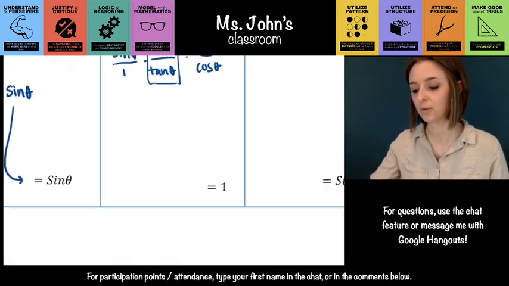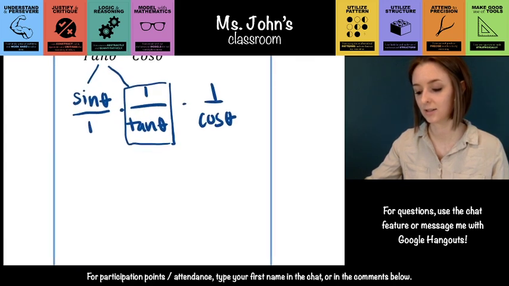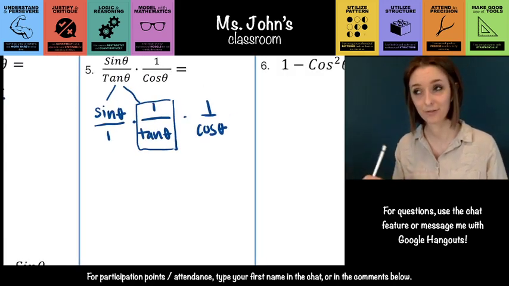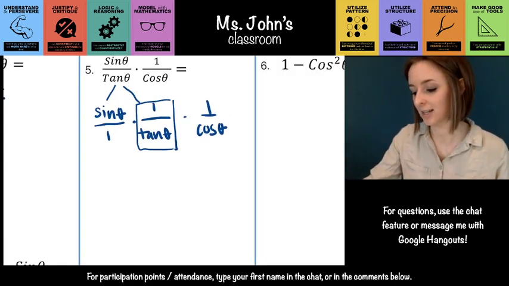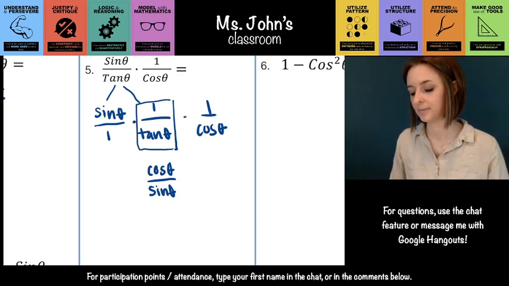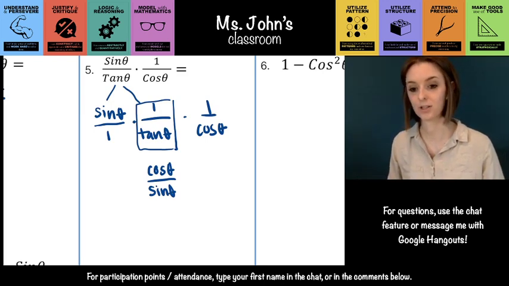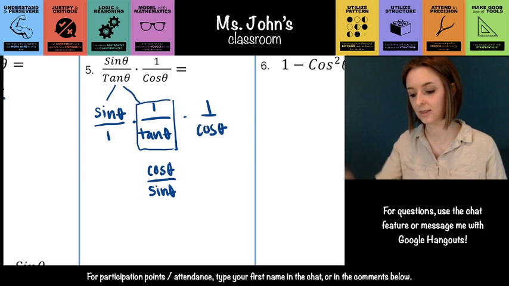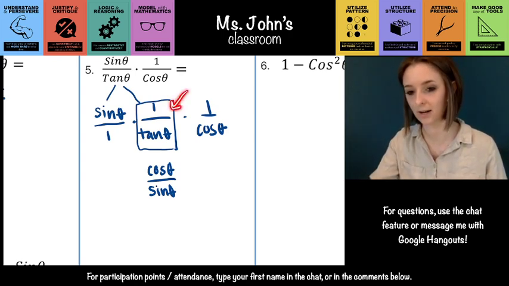I'm going to replace my 1 over tangent with the upside down version of the identity for tangent, which is cosine of theta over sine.